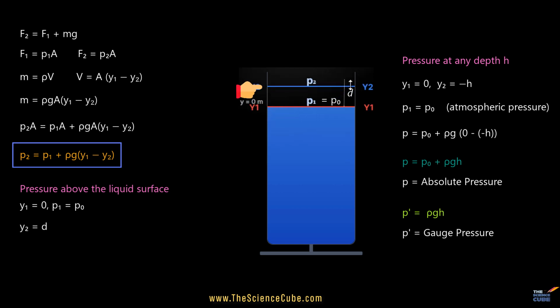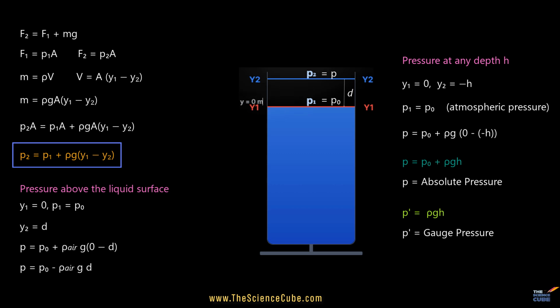And for density, we take rho is equal to rho air, since the fluid here is the air. And of course, we assume that the density of the air remains the same. So we get P is equal to P0 plus rho air into g into 0 minus d, which gives us P is equal to P0 minus rho air into g into d.